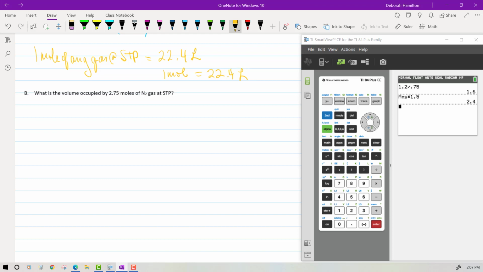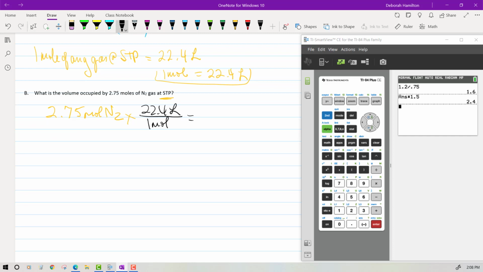If you recognize what you're asked to do, you'll be able to solve your answer very quickly. So we have 275 moles of N2. We are at STP, so we can use this relationship, that factor, with 1 mole on the bottom and 22.4 liters on top.